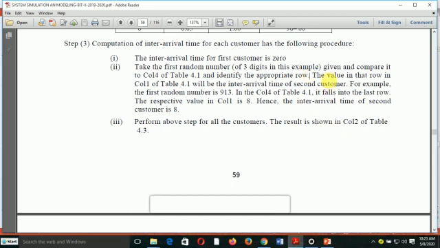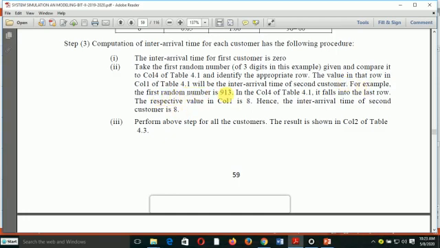The value in that row in column 1 of table 4.1 will be the inter-arrival time of the second customer. Let's have an example.